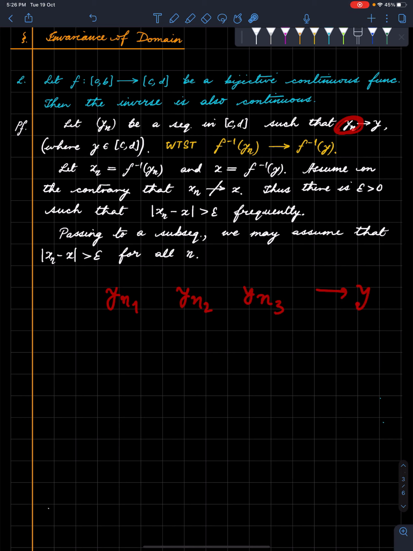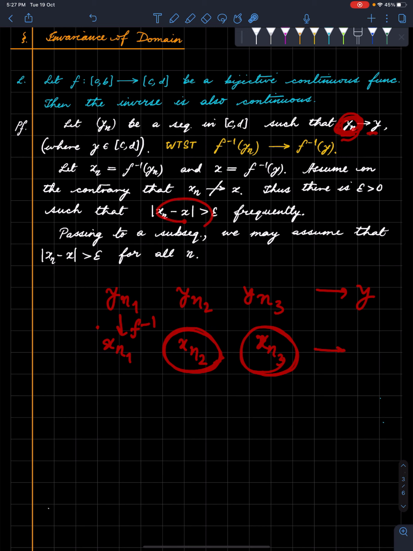This still converges to y because the sequence yn itself converges to y, so any subsequence of that also converges to y. So we have this, and then we'll have xn1, xn2, xn3, where of course xn1 is the pre-image of yn1, etc. And this will satisfy that each of these numbers is more than epsilon away from x.